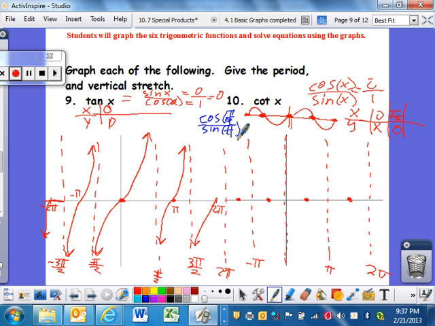Well, our sine we know is going to be square root of 2 over 2. Our cosine of pi over 4 is where cosine ends up being positive, so it's going to be square root of 2 over 2.